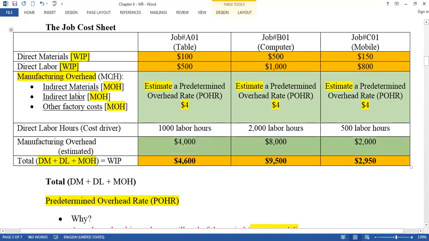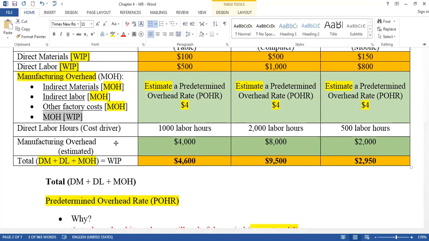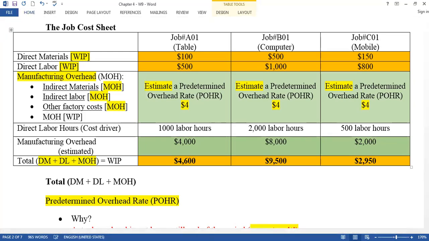But manufacturing overhead is the combination of these three: indirect labor transfers to MOH, indirect material transfers to MOH, other factory cost transfers to MOH, then MOH transfers to WIP. So how many times will WIP increase? According to this example, WIP is going to increase 3 times.